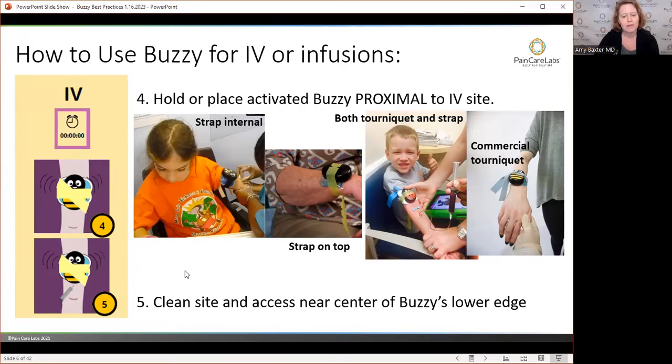Step 5, clean the site the way you normally would and access it near the center of Buzzy's lower edge. So at no time is Buzzy in the same area or on the site for venipuncture. It's always going to be proximal and not directly on the site.